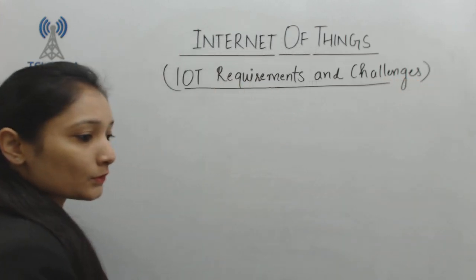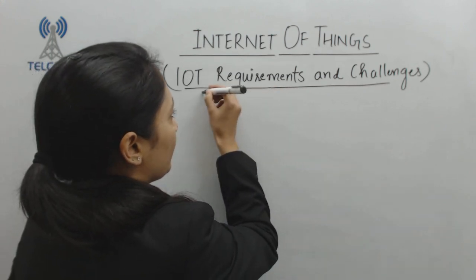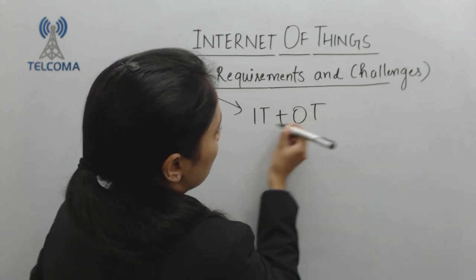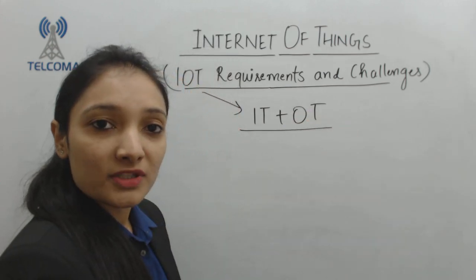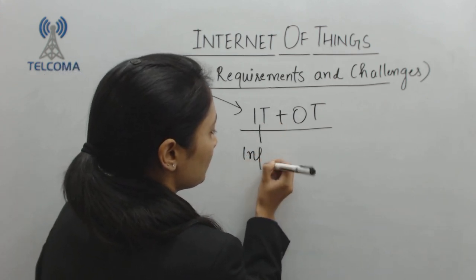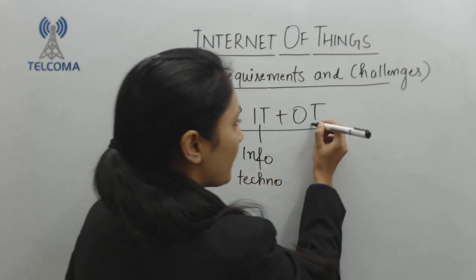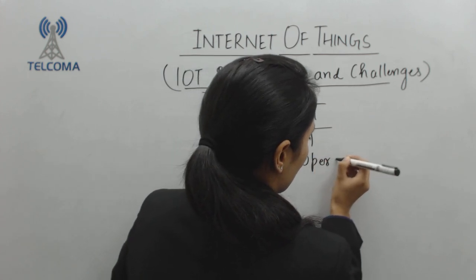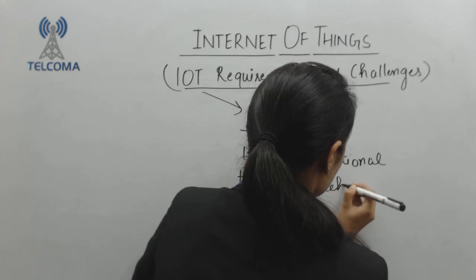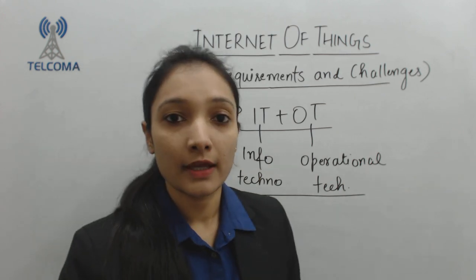So as we know, the Internet of Things can be seen as a combination of your IT and your OT, that is your information technology and the operational technology, resulting in a paradigm shift here.